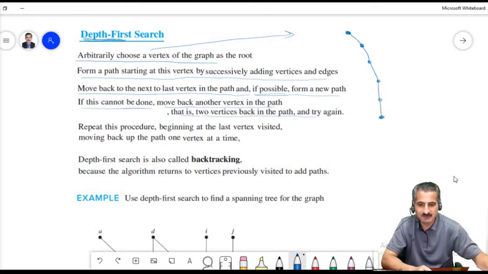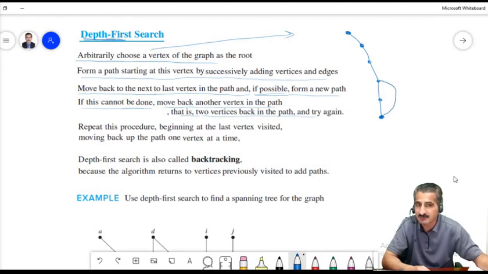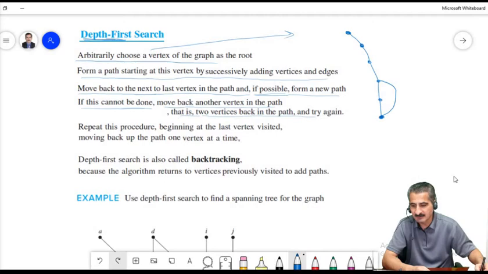Now, at some point in here, at this vertex, we might not be able to keep moving because we might reach a leaf, or reach a vertex that has no other incident edges, or a vertex so that if we move from that vertex to any other vertex, we will find ourselves making a circuit. So we cannot add edges after this last vertex.